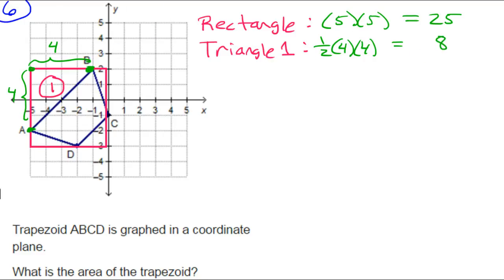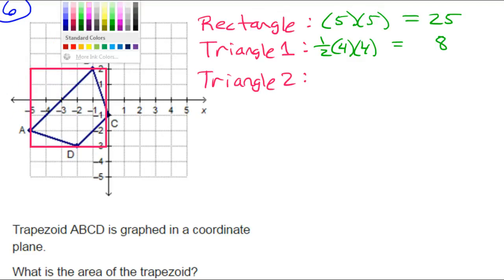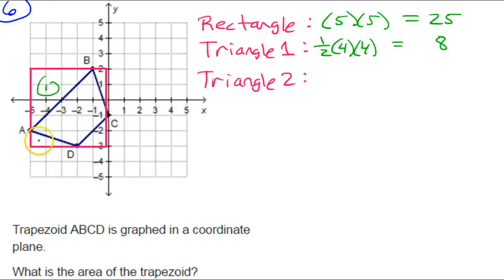Okay, now let's do another triangle. So this is triangle number 2 down here.